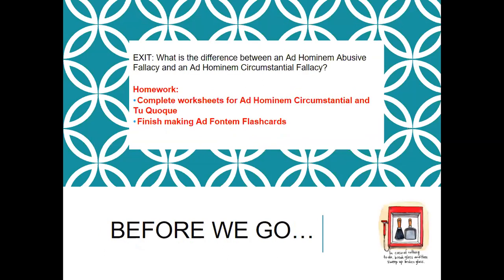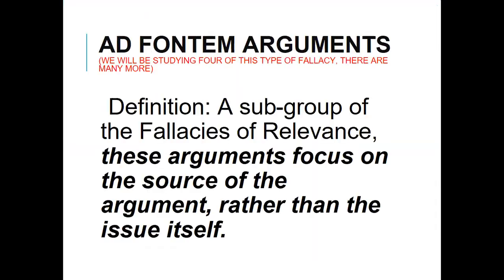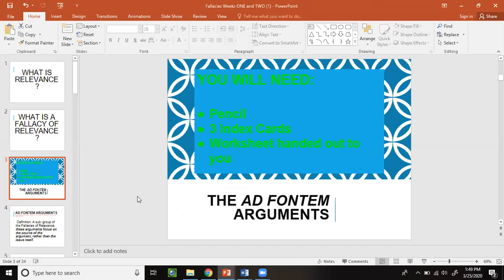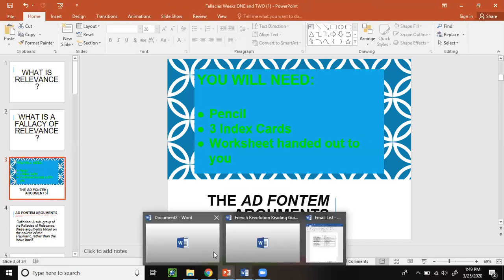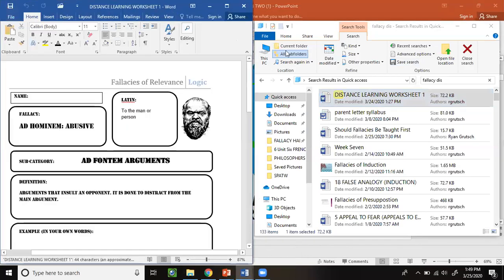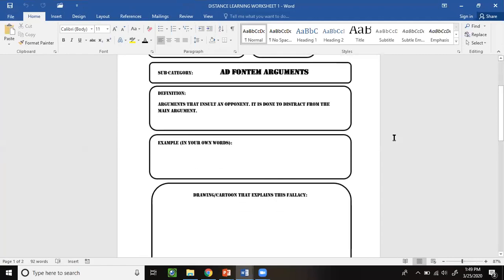Okay? Now, the nice thing is that for tomorrow, all you're going to need to finish is that worksheet. Okay? So if we go back to this really quickly, you're going to be doing an example and a cartoon based off of both of these arguments or fallacies.